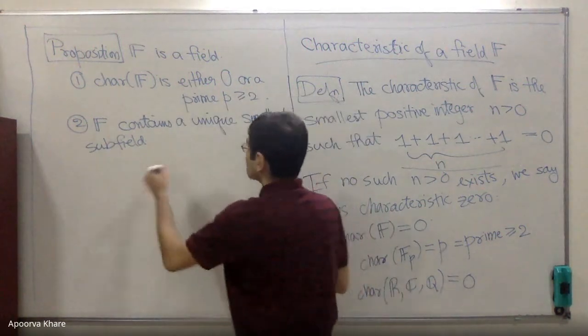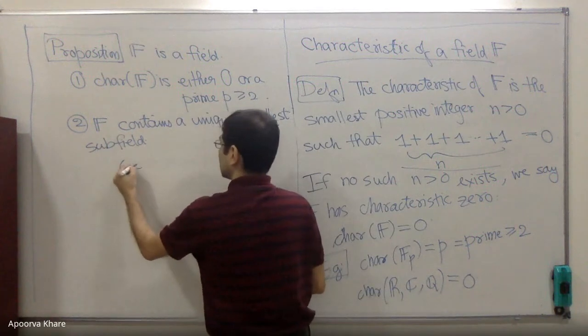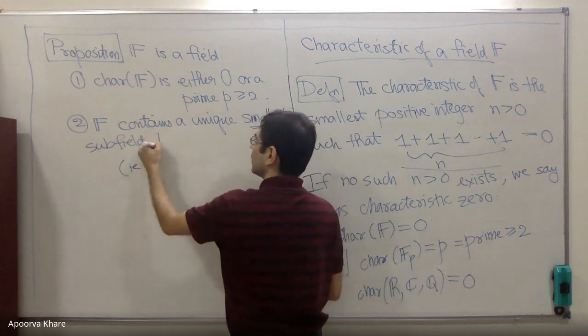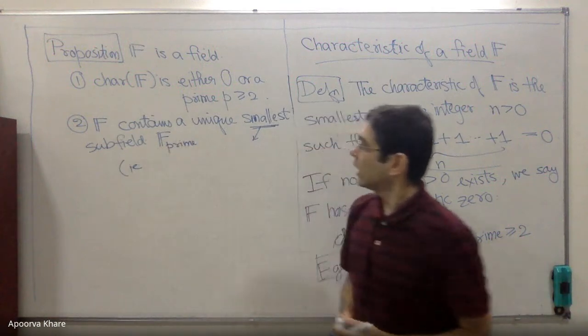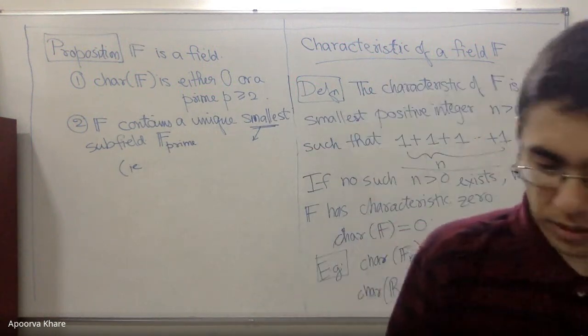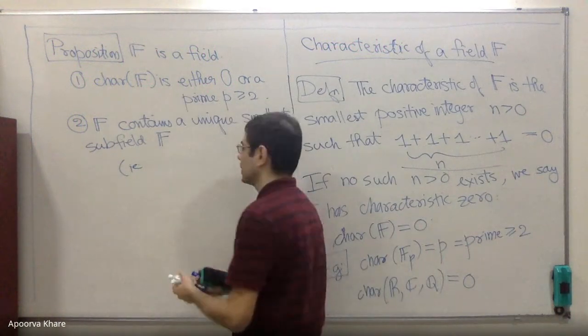So, what does this smallest mean? Let's call it F prime. Okay, that's too big. Let me call it F min. Min stands for minimum.